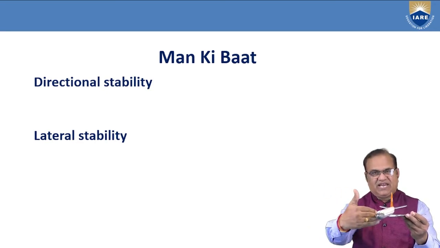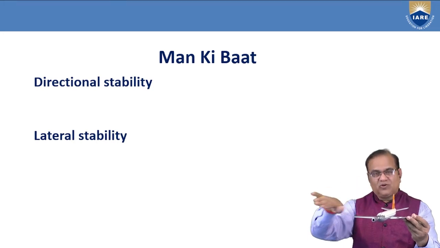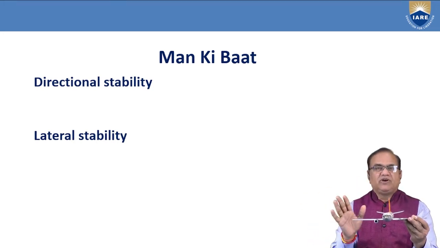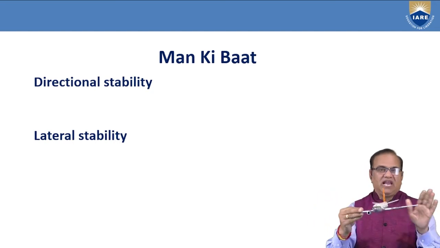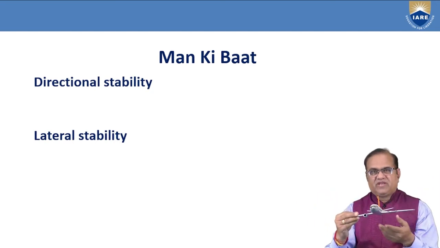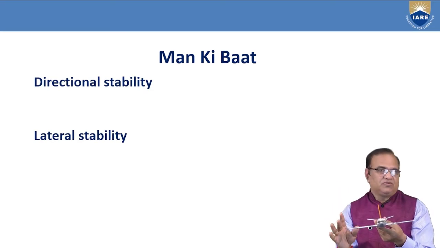If beta is in this direction and the nose is trying to go towards the beta, then it is positive. In this case, the right wing will go backward and the left wing will go forward. So this is a positive yawing motion.